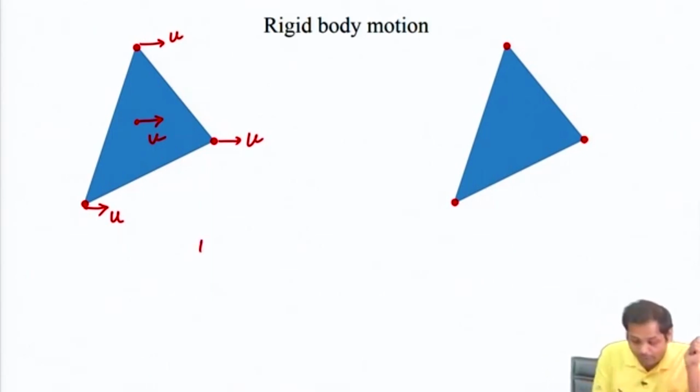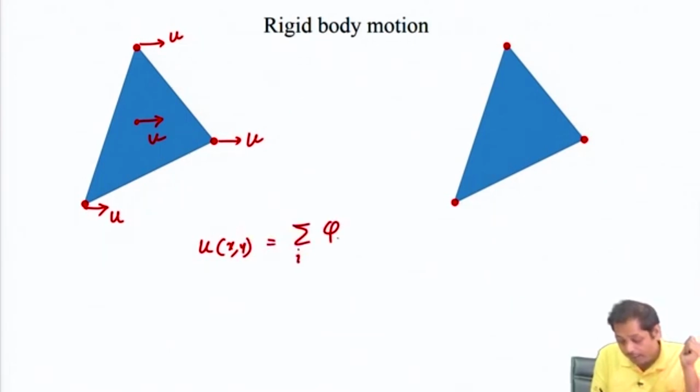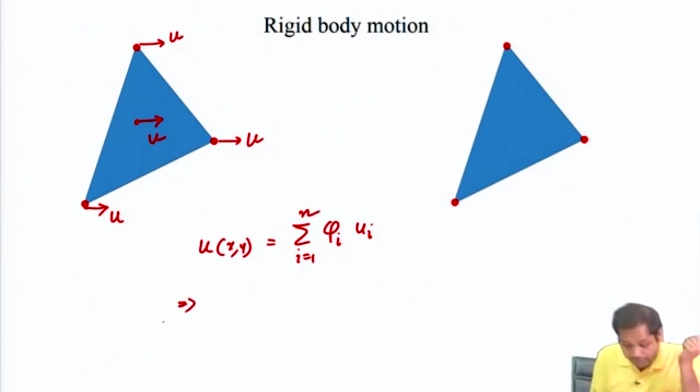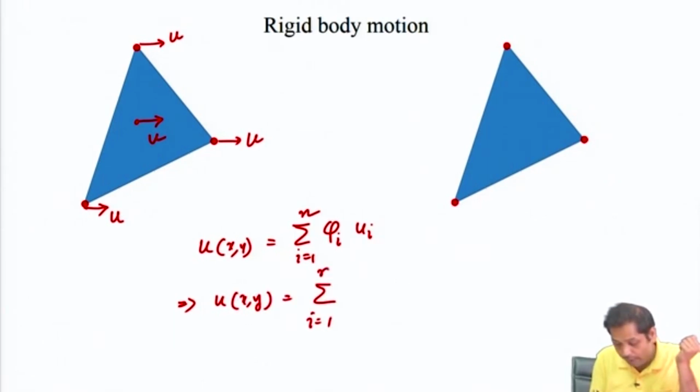So u at x and y is equal to the summation over I from 1 to n of phi I times ui.